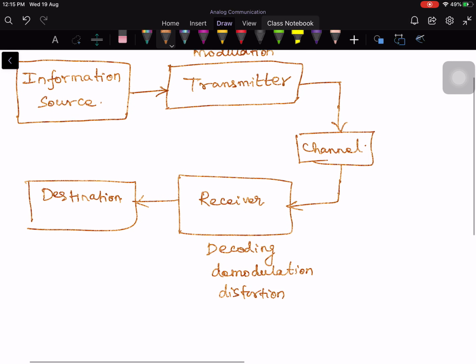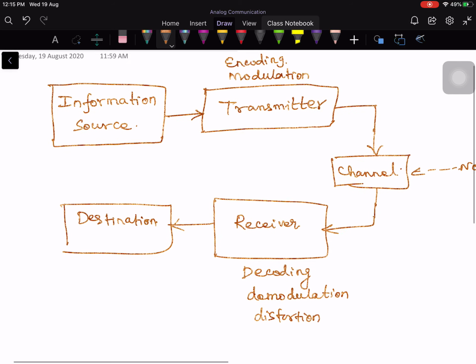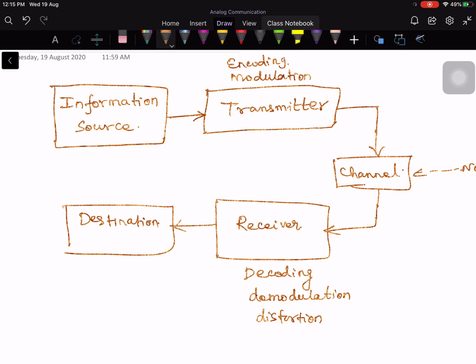In the channel also, some noise gets added, and that is the noise source. So this is a typical block diagram of the elements of a communication system. Therefore a communication system will have 5 blocks: information source, transmitter, channel, receiver and destination.